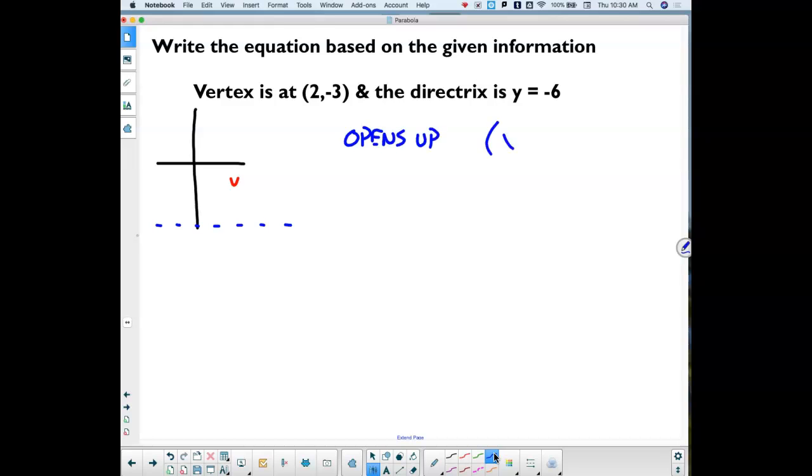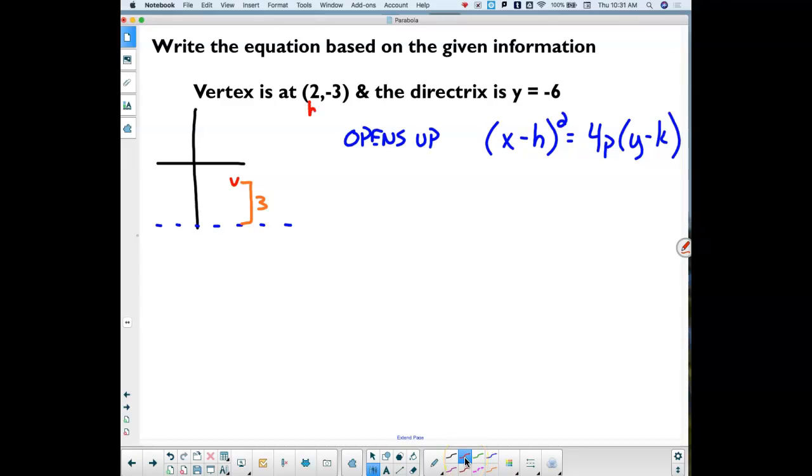So that is an x minus h quantity squared equals positive 4p times y minus k. This distance here is p. And how much is that distance? No. 3. It's 3. Okay.